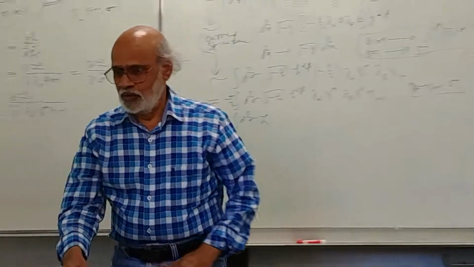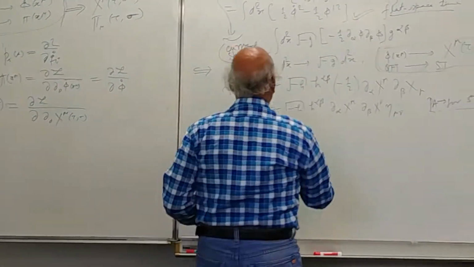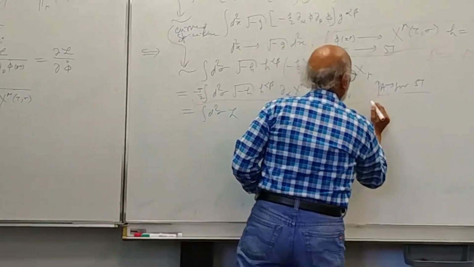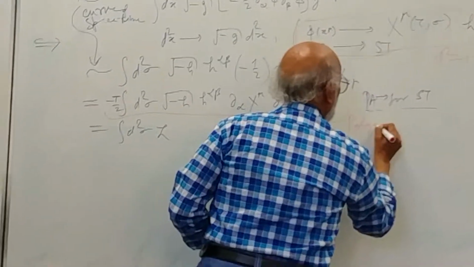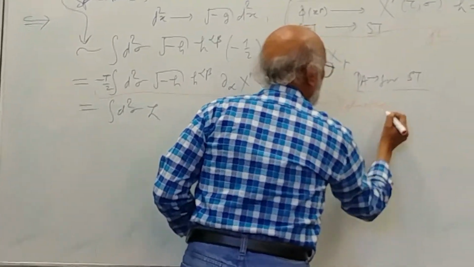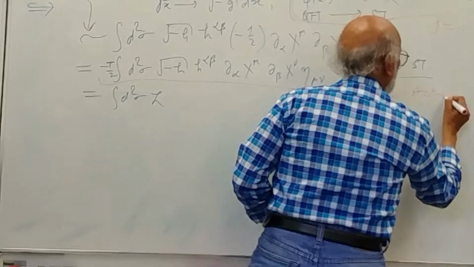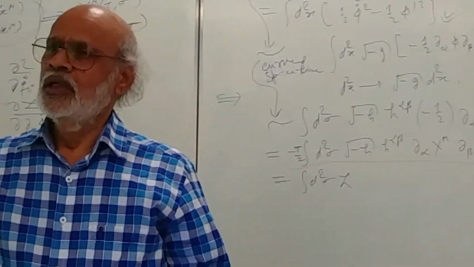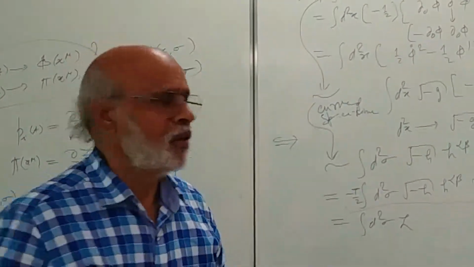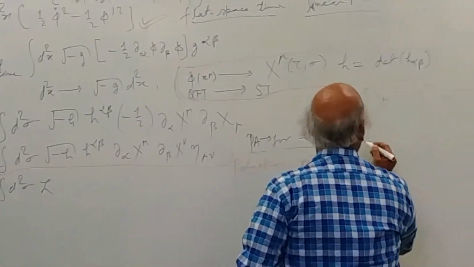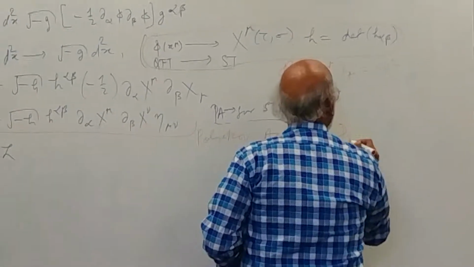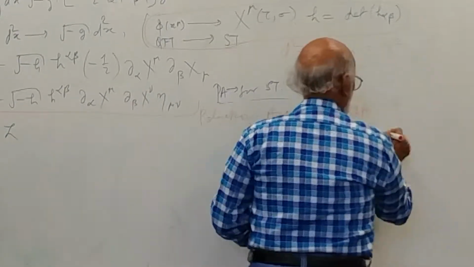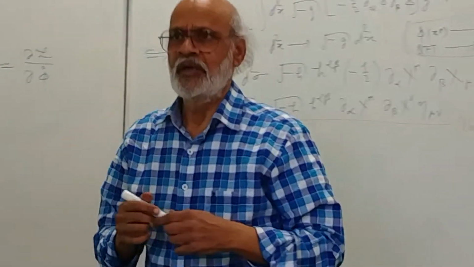So this is what we get, and this is what is called the Polyakov action. We will see that it describes D-branes. We will go into more detail about why we call it D-brane.